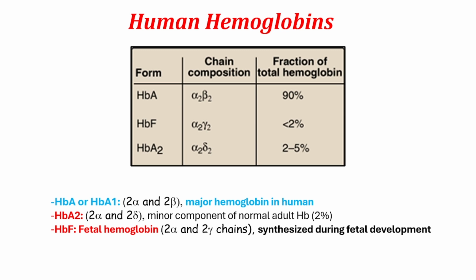And then we have another type of hemoglobin. We call it hemoglobin F, or fetal hemoglobin. So from the name, it's fetal. It means that we find this hemoglobin in the fetus.